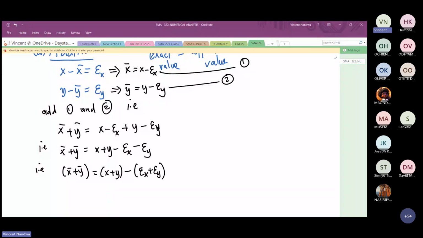So I can as well say x plus y minus bar x plus bar y should give me, what will this difference be?